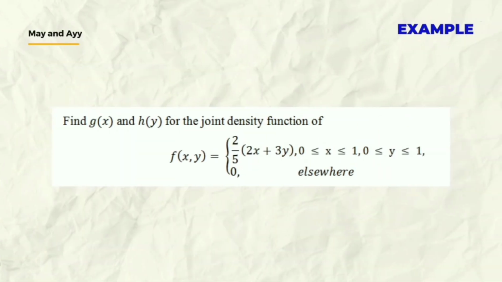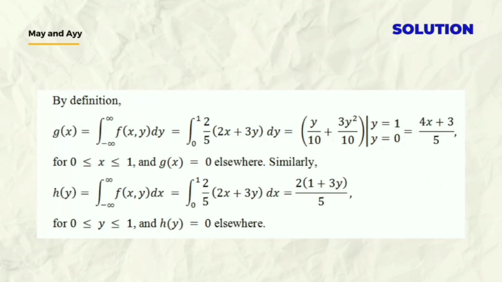Okay, so to better understand, I have a problem that we will work on together. The question is to find g(x) and h(y) for the joint density function on the screen. By definition, g(x) equals the integration from negative infinity to infinity of f(x, y) dy.